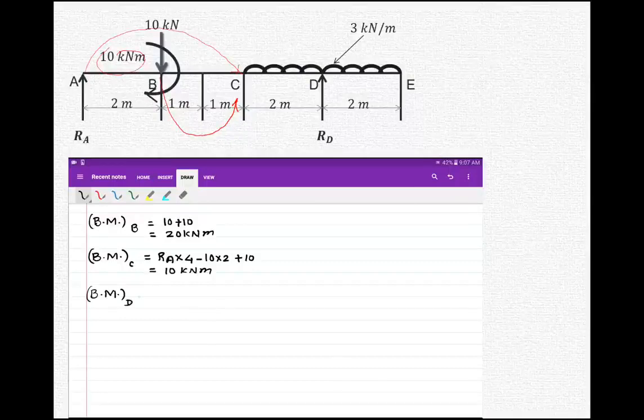Then bending moment at point D, again RA will produce clockwise moment, so RA into the perpendicular distance from A to D is 6, minus 10 into 4 because 10 will produce anti-clockwise moment, plus 10 kilonewton meter, already clockwise moment is present at B, and the moment of UDL, that is 3 into 2 into 1.